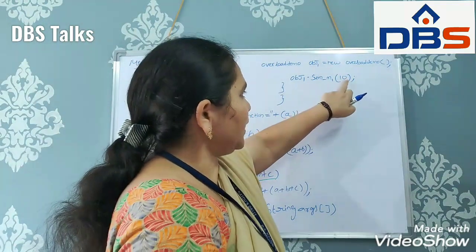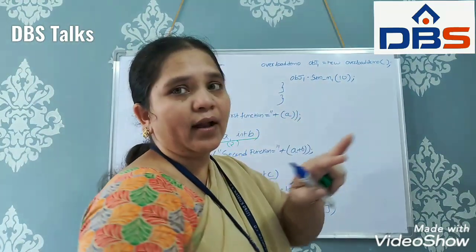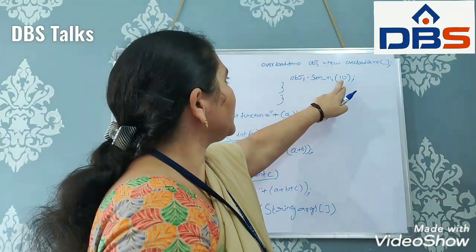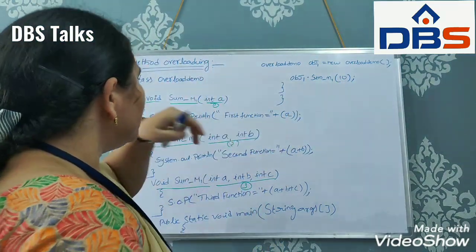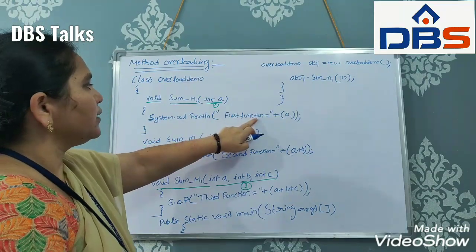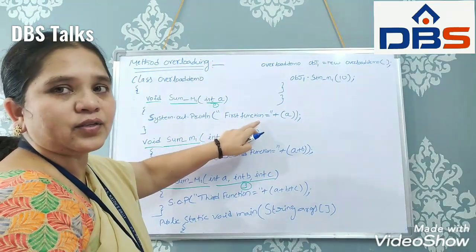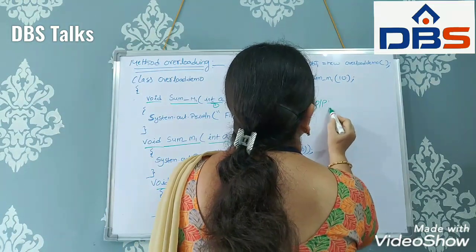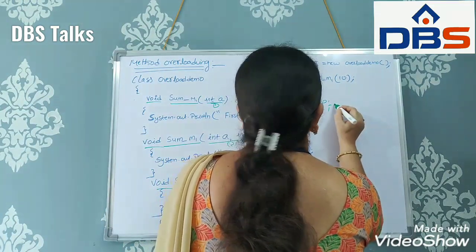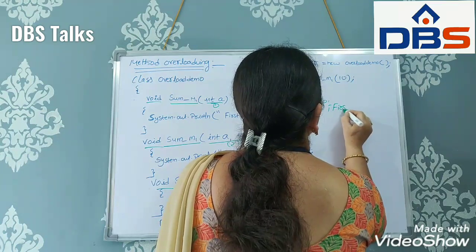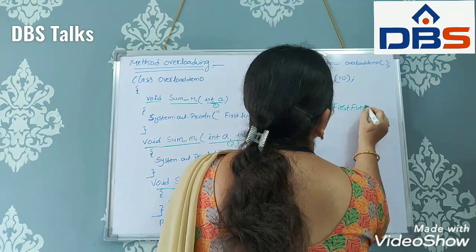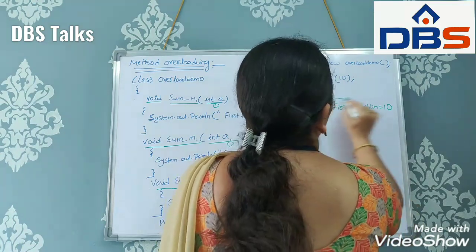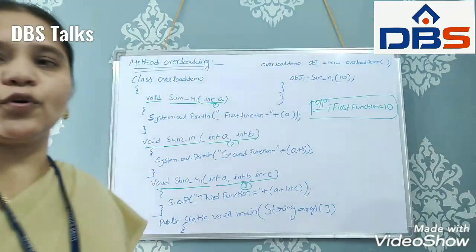Here I am using only 10, which means one value, one argument. Automatically the compiler goes and executes this statement. So our output is first function equal to 10.